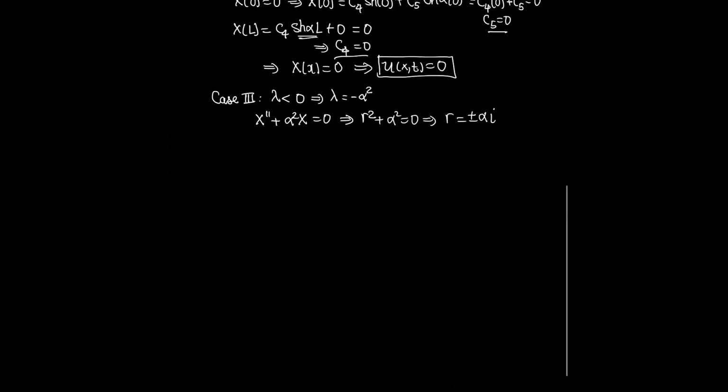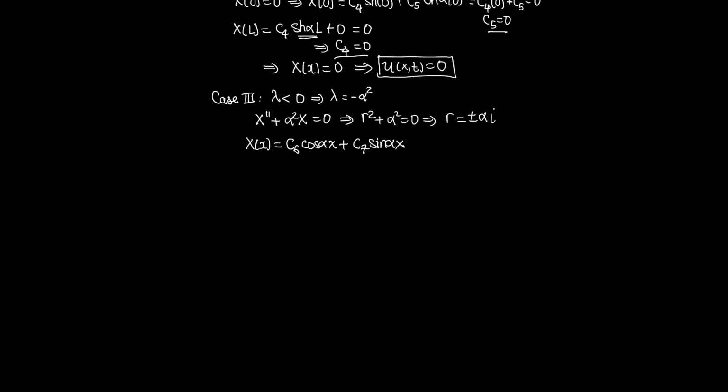Then this leads to the solution X equal to C6, because I used C4 and C5 already, C6 cos of alpha x plus C7 sine of alpha x.